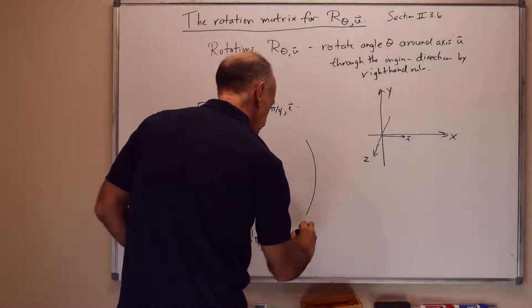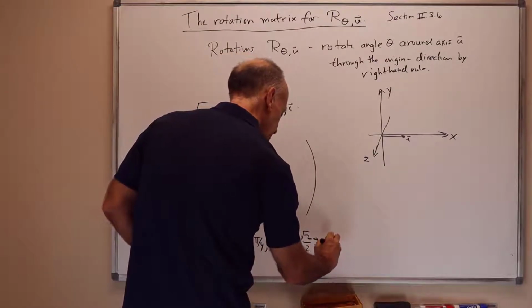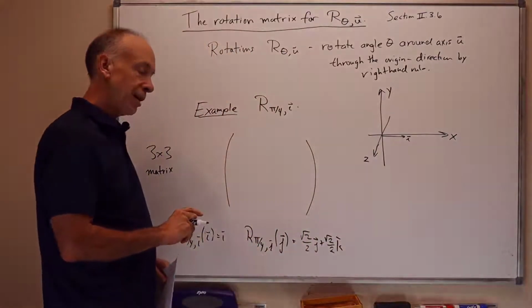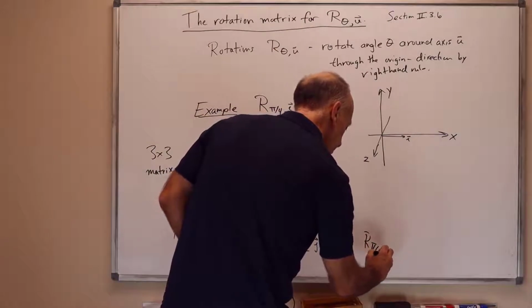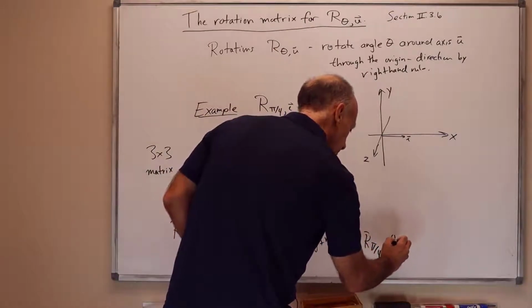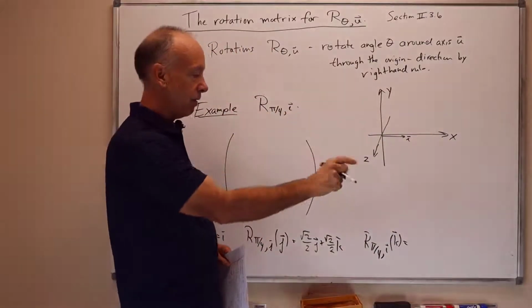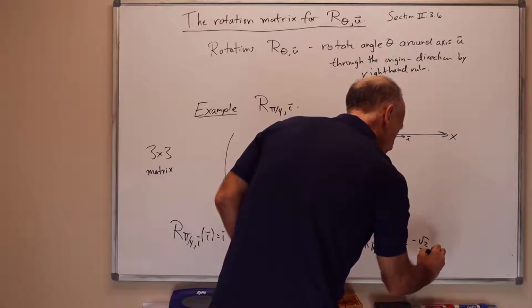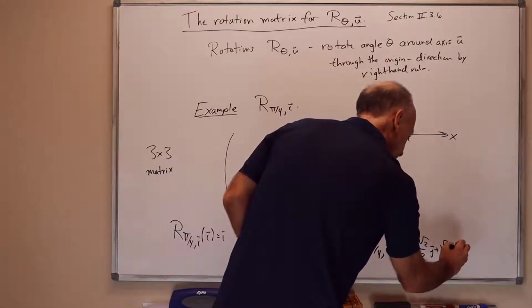So it's going to be the square root of 2 over 2 times j plus the square root of 2 over 2 times k. And then R pi over 4 I applied to the k vector: now the k vector is being pushed down 45 degrees. So that'll be minus square root of 2 over 2 j plus square root of 2 over 2 k.